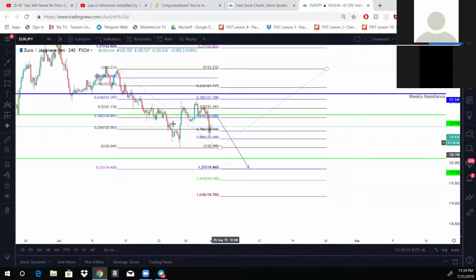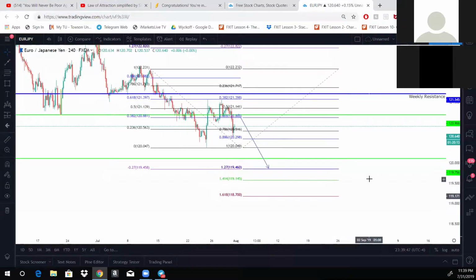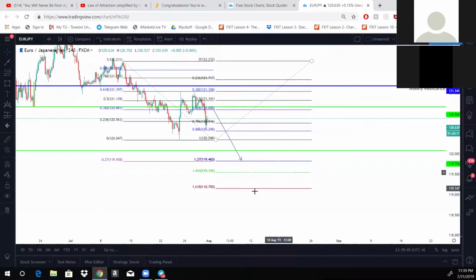I usually use the same Fibonacci, and I just do them reversed, and I'll show you exactly how. But if you prefer to use this fib extension like this, if the move is bearish, you measure from the top to bottom, and then you measure the same move from the bottom to the top, and that's where you get your extensions, which are those three right here. I have them marked differently, just for the better visual presentation.